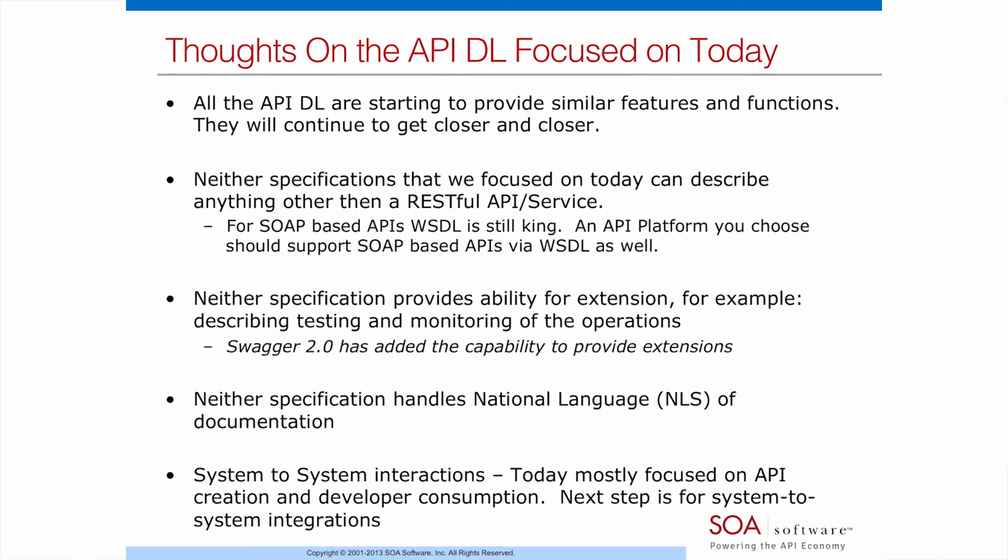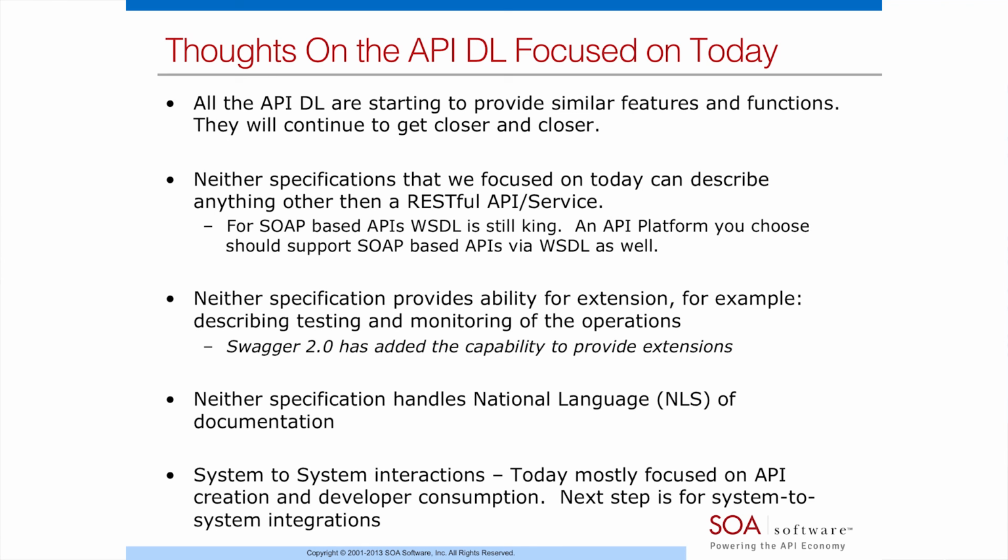Neither of the specifications handle national language translation in their documentation yet. And neither of the languages really are focusing on any of the system-to-system type integrations or interactions that we're going to be seeing a lot more with these APIs.